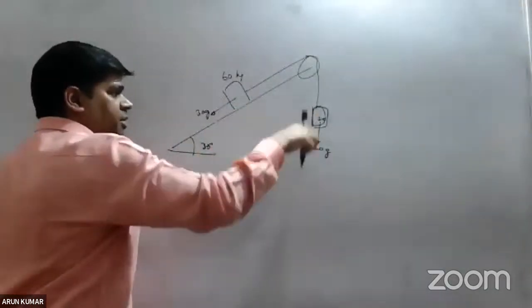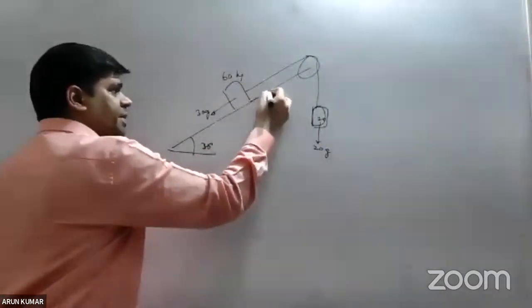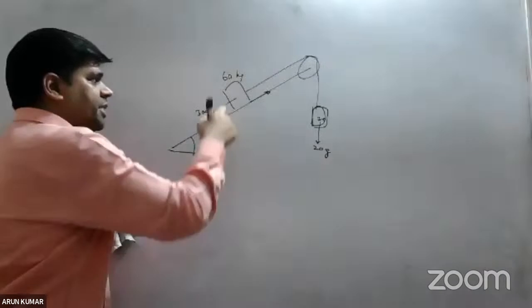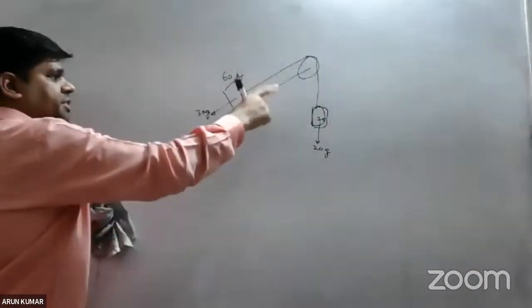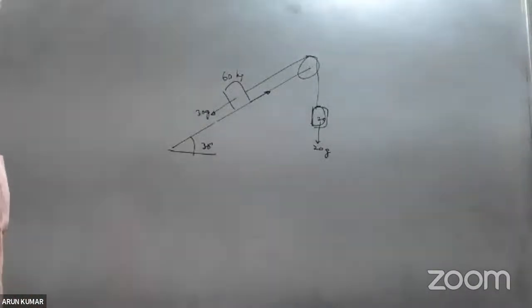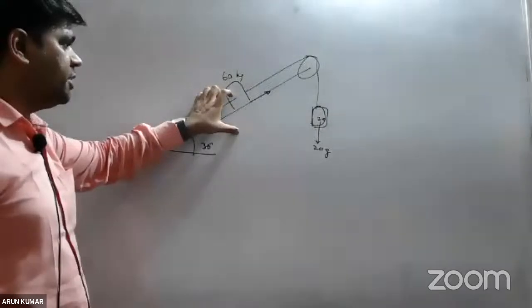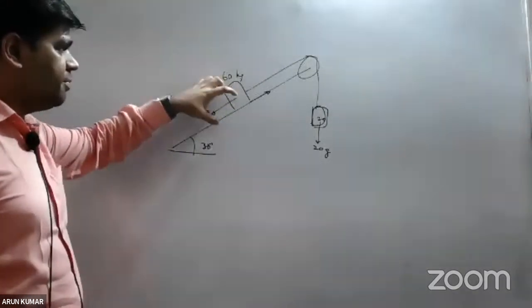So this is supporting, that is opposing. So this will go downward, this will go upward. If there is friction, friction will be acting upward, because it has a tendency to slip downward, friction acts upwards, and this will go upward. Alright? 60G downward. I take the component of 60G perpendicular to the inclined plane.